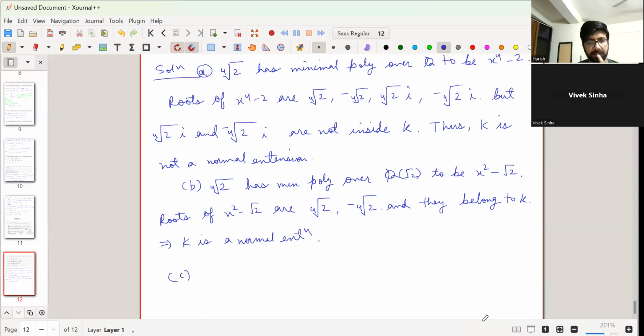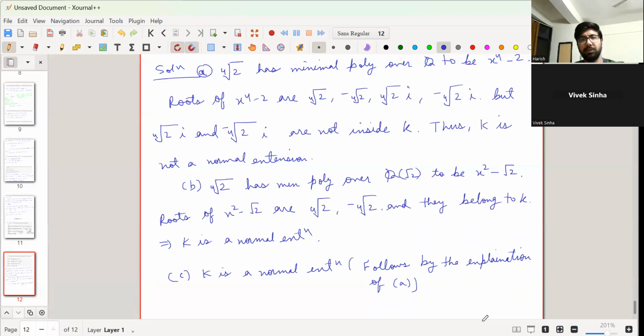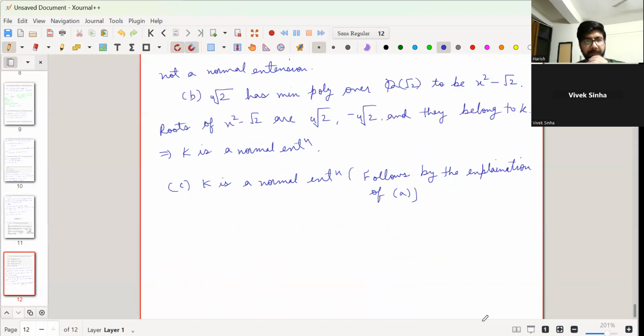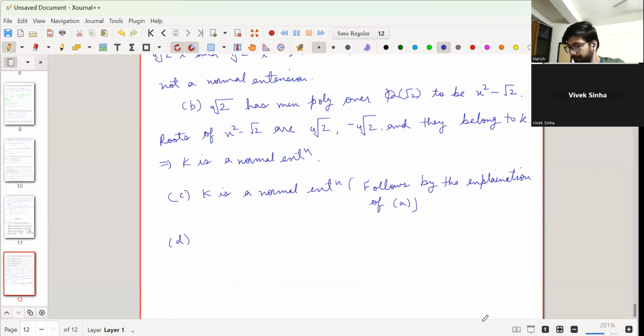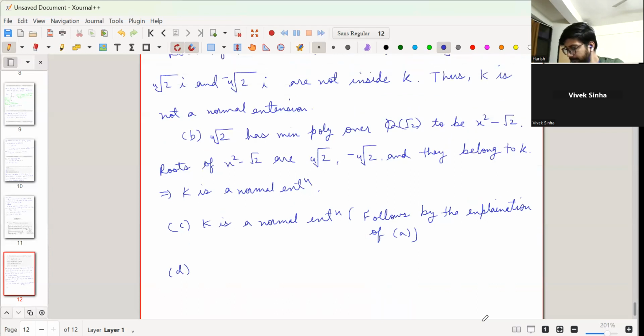C is K is a normal extension, which follows by the explanation of part A. Right here we got that the four roots are these four, and if you adjoin Q with the fourth root of 2 and i, then you have all the fourth roots, so it's a normal extension, right?